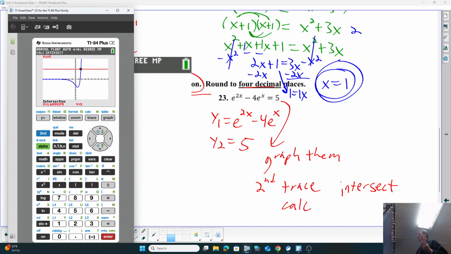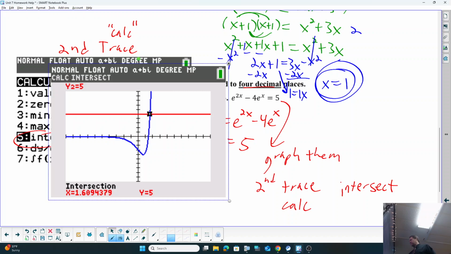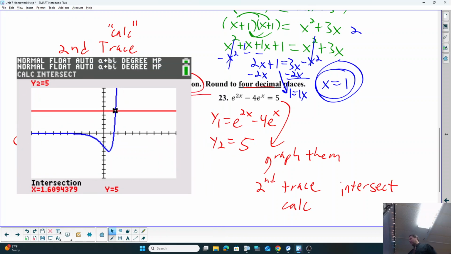So we get the intersection where they equal each other at 5. It's 1.6094, right? That's our answer. That's the intersection.